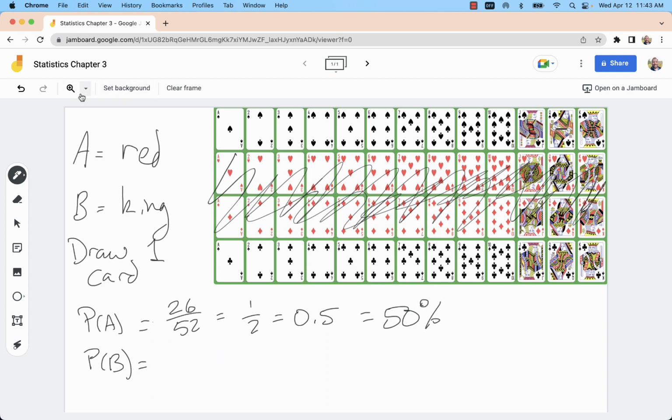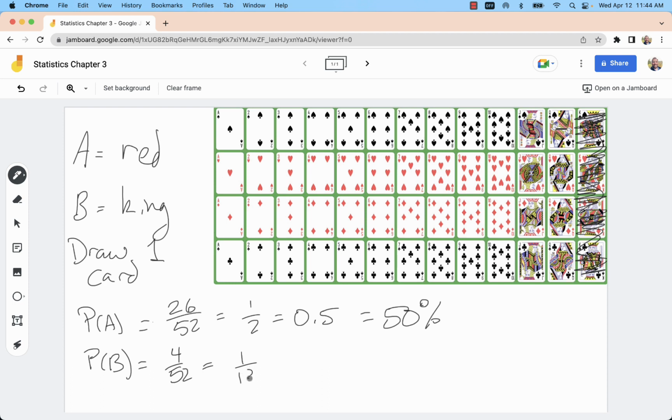For B, I need to erase that. Okay, so for B, it's the kings. That's down here on the right. We see that's a smaller percentage. There's going to be 4 of those out of 52.